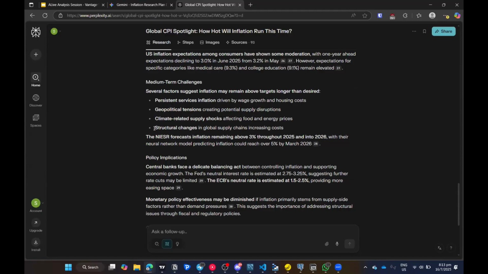This is kind of debatable as well, because in most cases, the costs of supply chains should decrease with improvements in technology, but due to the conflict and certain geopolitical tensions, I think that is the key reason why you see an increase in costs.